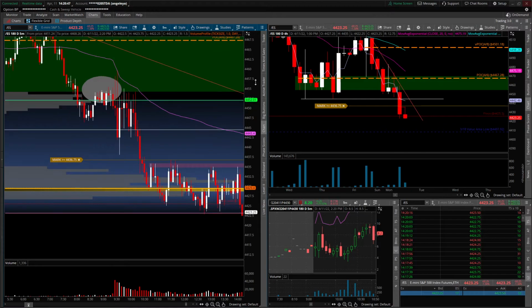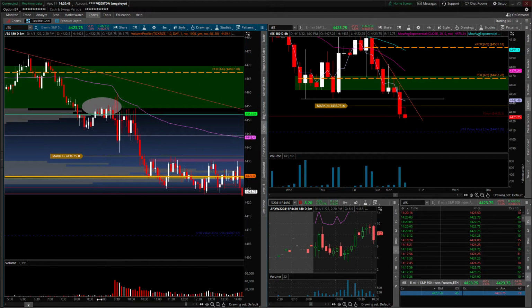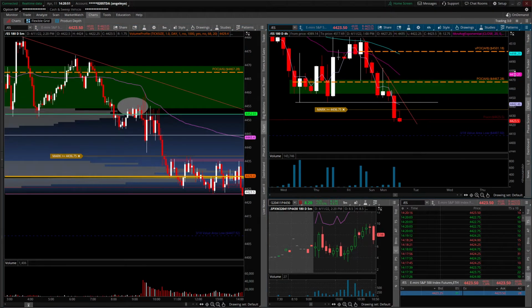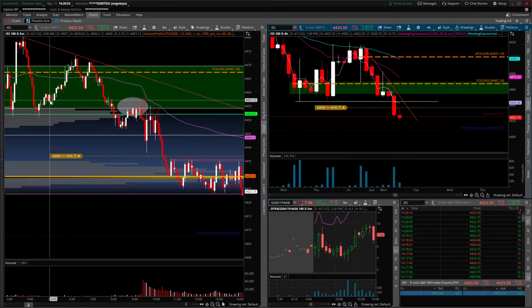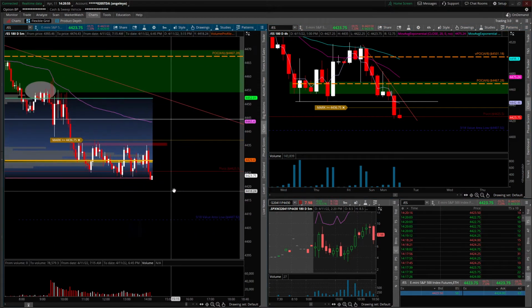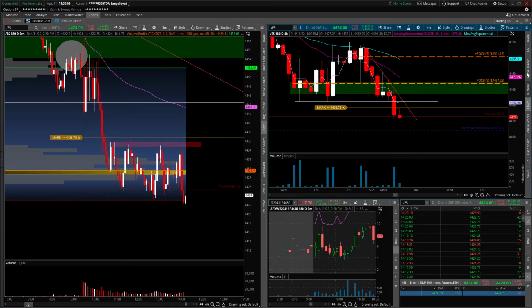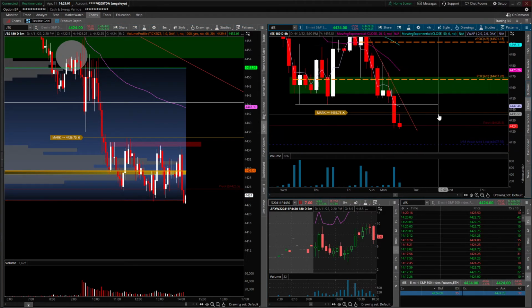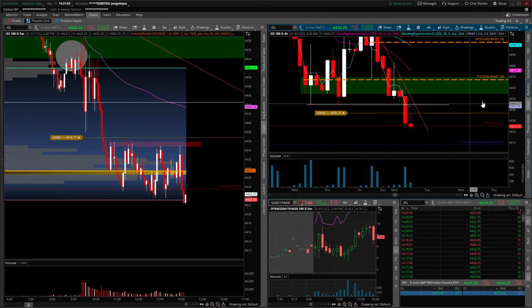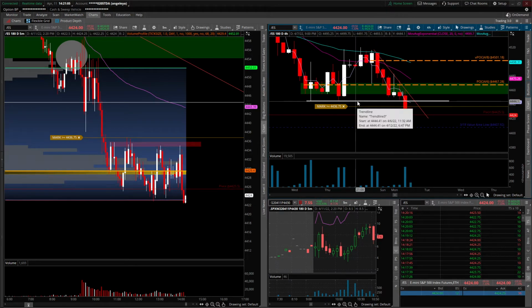Like I told the Discord, I was essentially just waiting for an inside one on the 4-hour to break. I know on my new charts this kind of looks confusing, but if you just look at this 4-hour, all I was looking for was a break of this gray line right here.